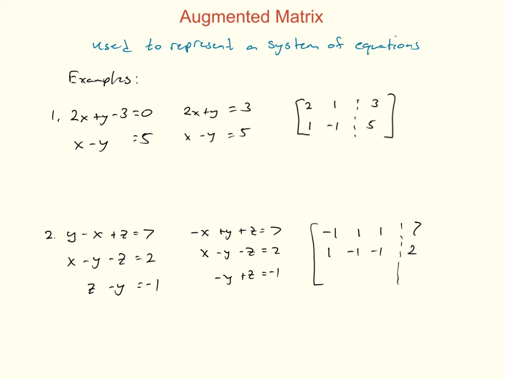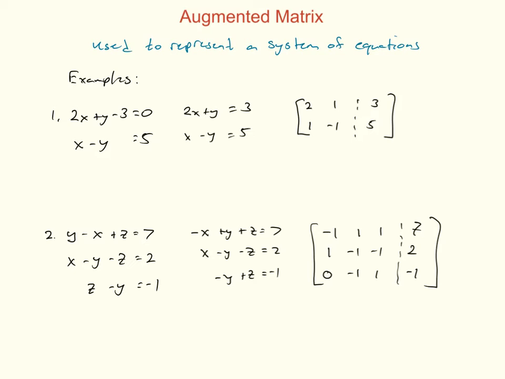Now in the third equation, I don't have any x. So that means that I have 0 there as a coefficient on the x, negative 1 on the y, 1 on the z, and it equals negative 1. So this right here would be the augmented matrix for this particular system.